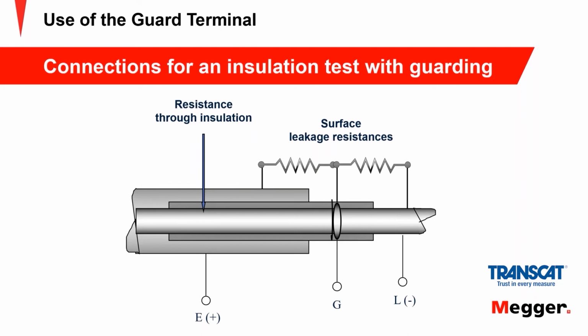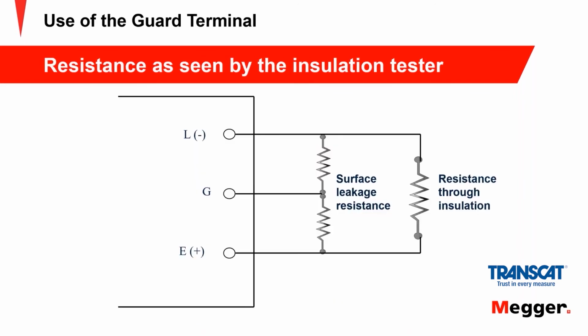And so you hook up your guard terminal and you see that your resistance reading goes up considerably. That's telling you that there was a lot of surface leakage involved. This is looking at the same thing now through the instrument's viewpoint. Note that we have two parallel circuits here.